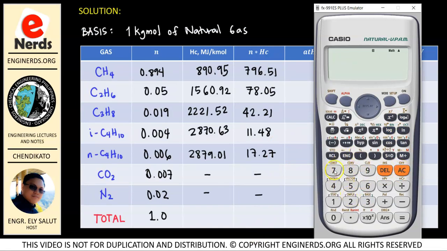So, 796.51 plus 78.05 plus 42.21 plus 11.48 plus 17.27, which is equal to 945.52.